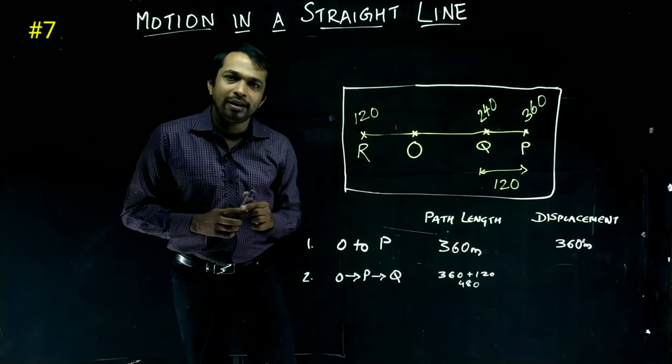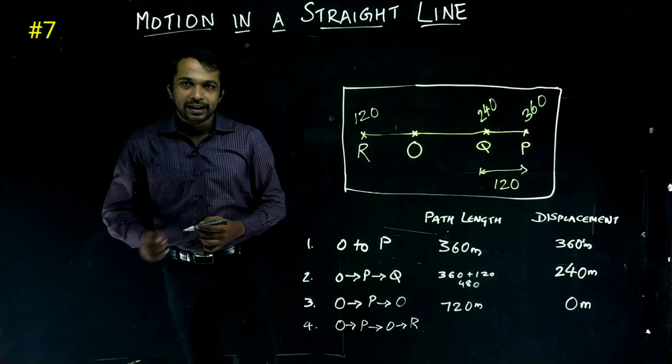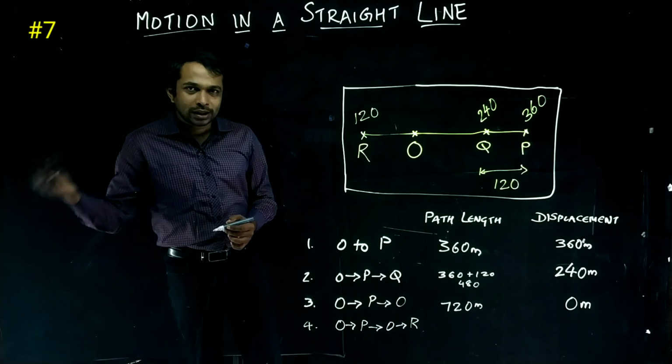Displacement is 0 meters. And let's take, it is going from O to P to O to R. R is at 120 meters to the other side. Okay, that is the most important thing, to the other side.